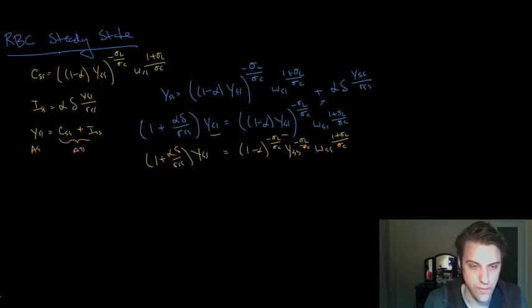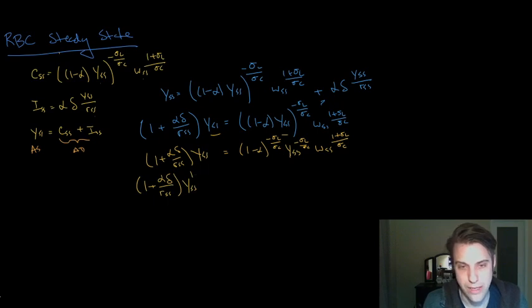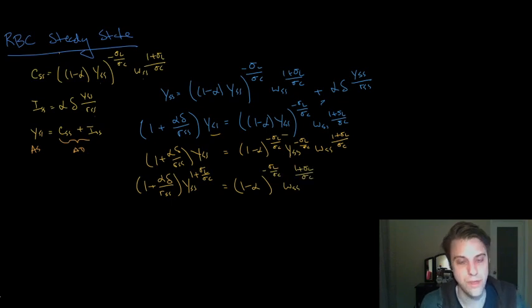So on this side, I'm going to have (1 plus alpha delta over R_SS), then Y_SS to the 1 plus sigma_L over sigma_C, because I'm multiplying by the positive, is equal to (1 minus alpha) to the minus sigma_L over sigma_C, W_SS to the 1 plus sigma_L over sigma_C.